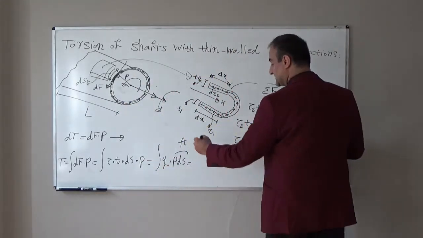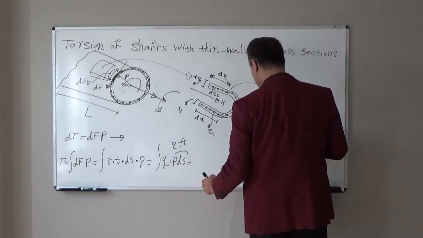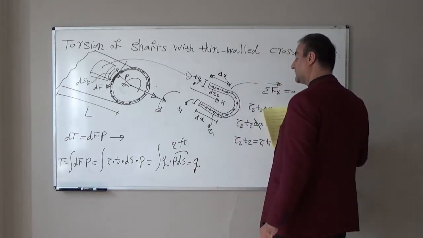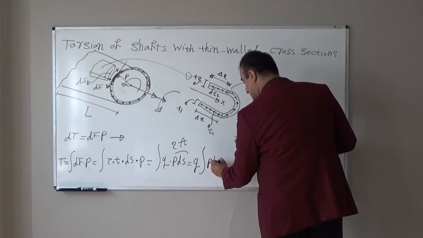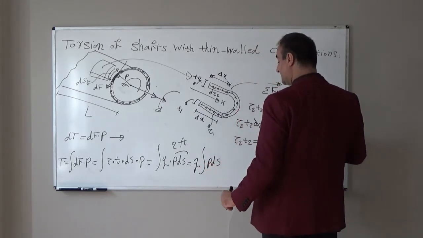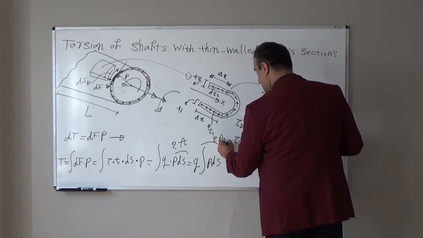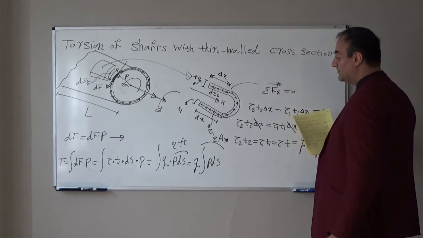So I can pull q out of the integration, and the integration of p ds will give us 2 times the area enclosed by the mid-surface.